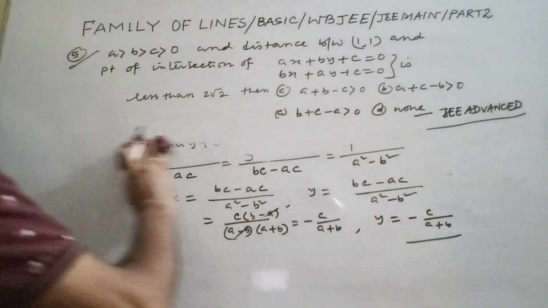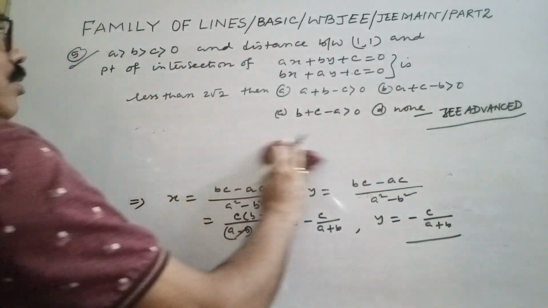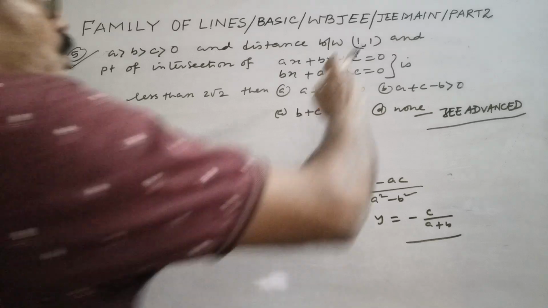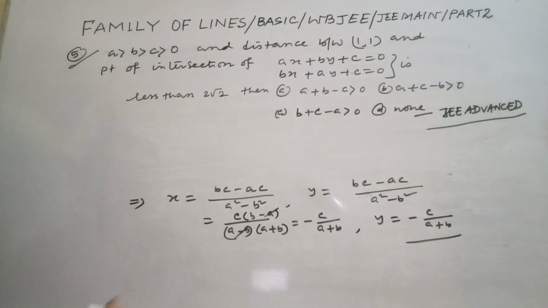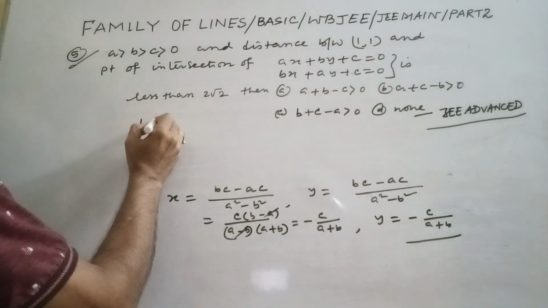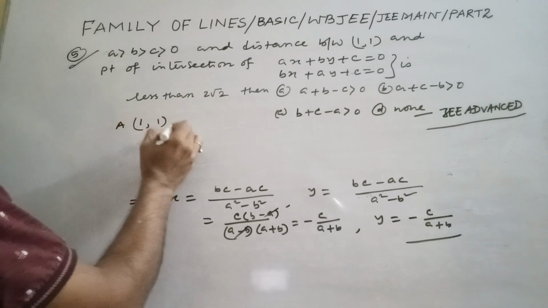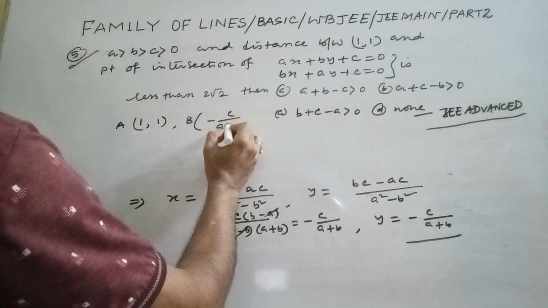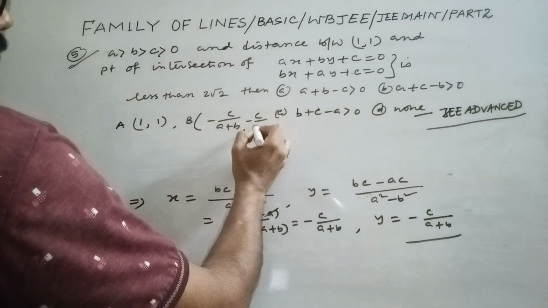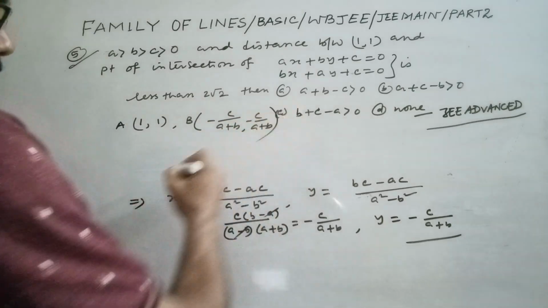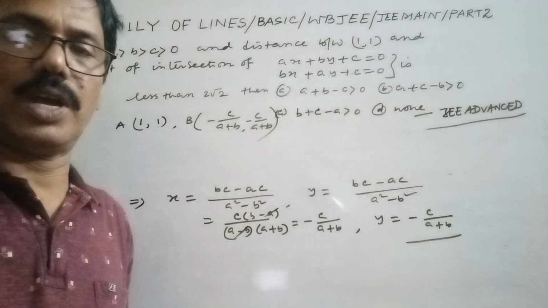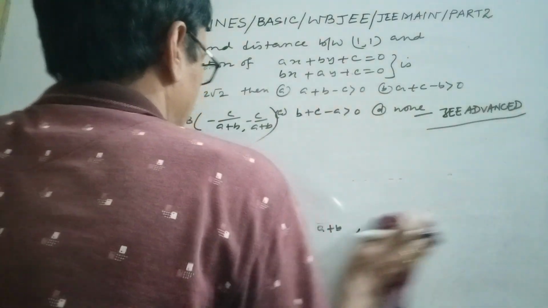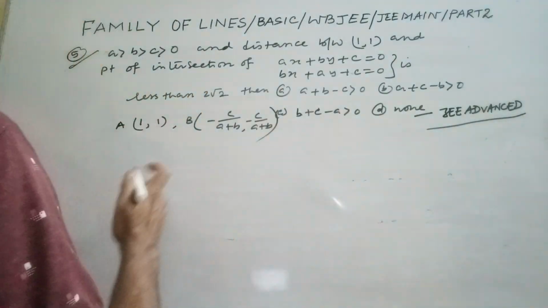So we are getting the point of intersection. Now the distance between (1, 1) and the point of intersection. So (1, 1) is one point and the intersection point is (minus c by a plus b, minus c by a plus b). So now we find the distance between them.